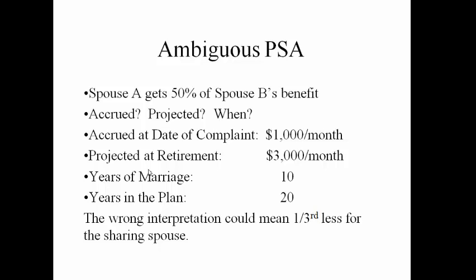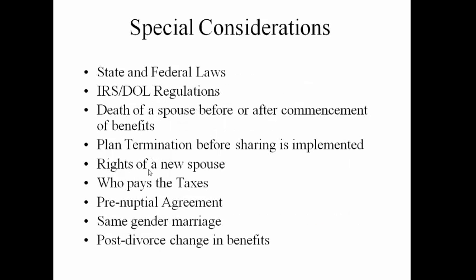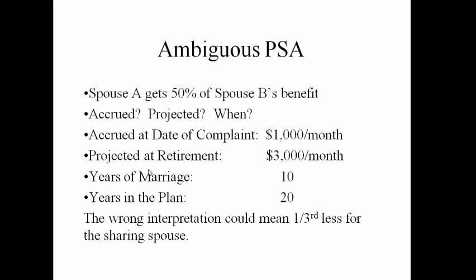If we had a PSA, a property settlement agreement, in the retirement plan section that simply said spouse A gets 50% of spouse B's benefit, and that's all it said, we have what I call a very ambiguous PSA. Why?